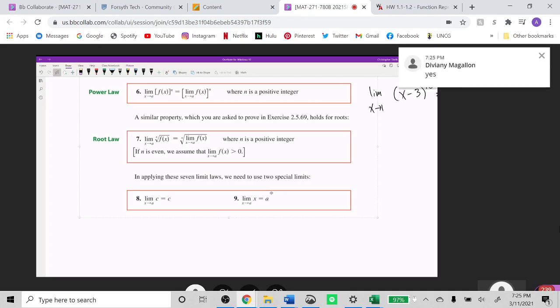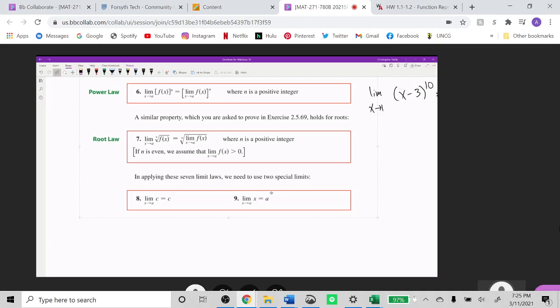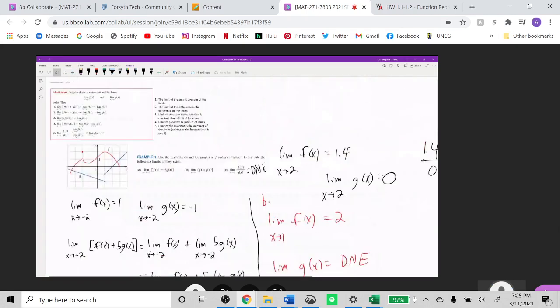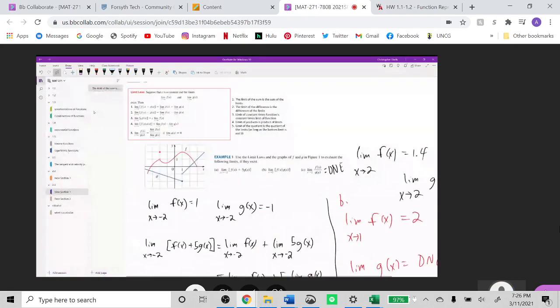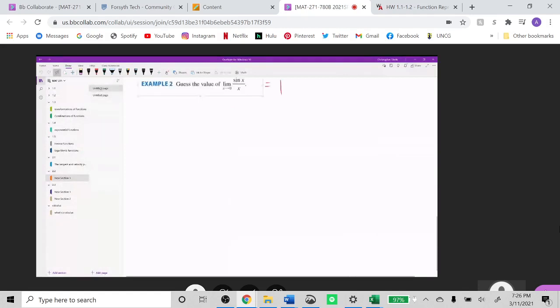What about asymptotes? Before it said when x equals a is the asymptote, under a different context.